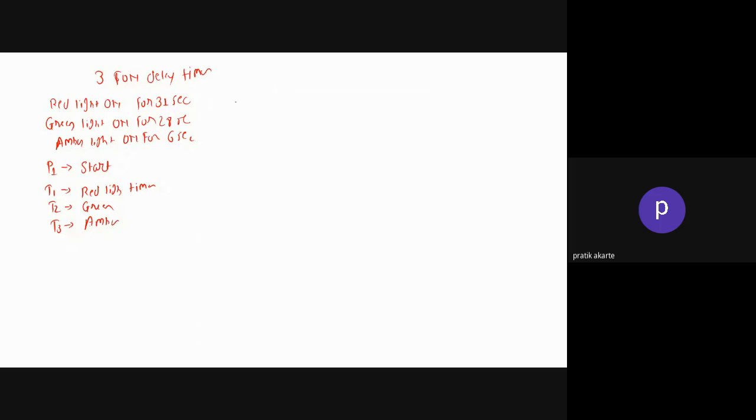Now let us see the program. It's a very interesting program. So these are the power rails. Okay, we will put over here a start button, that is P1, and we put an internal relay switch of the done bit of T3.